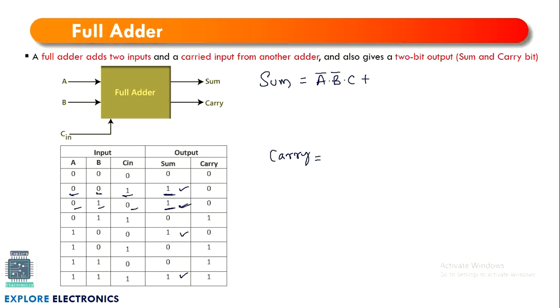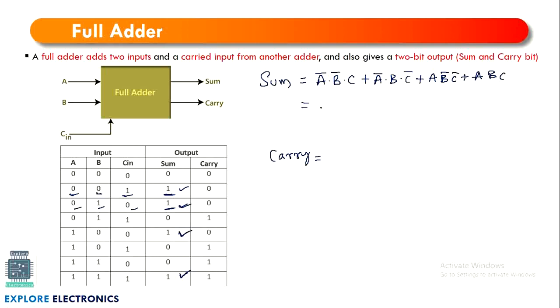So these 3 values are 0, 1, 0. In place of 0, let me write it as A bar, B, C bar. The next value is 1 here. It is 1 0 0. 1 0 0 means A, B bar, C bar plus. Next we will be having here, it is A, B, C.